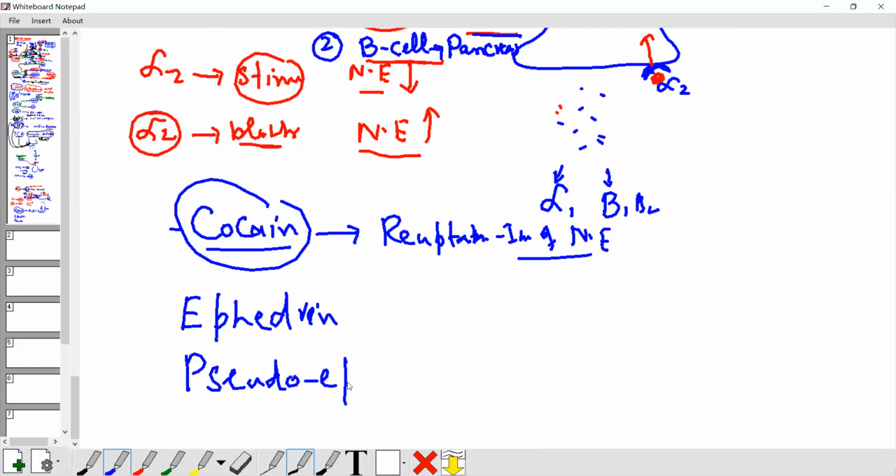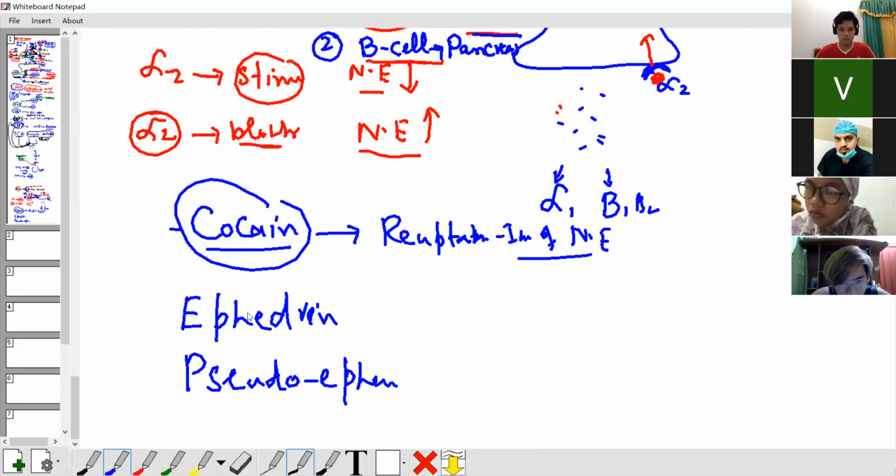Ephedrine, pseudoephedrine. They also inhibit reuptake and also increase epinephrine and norepinephrine.